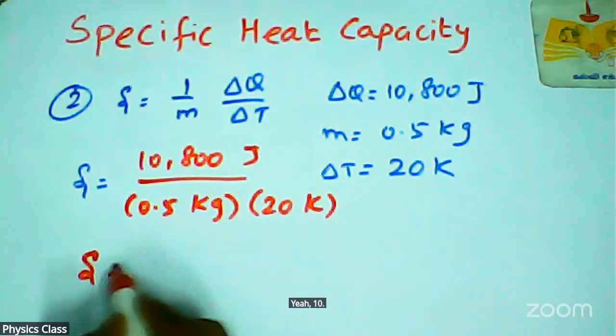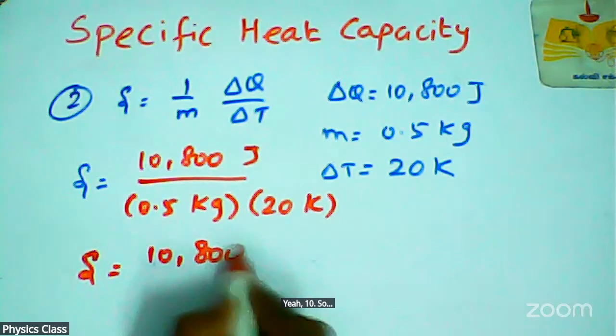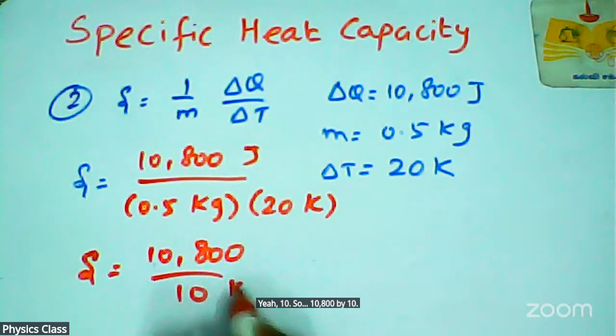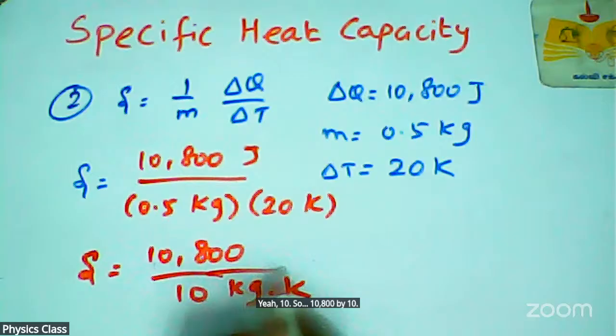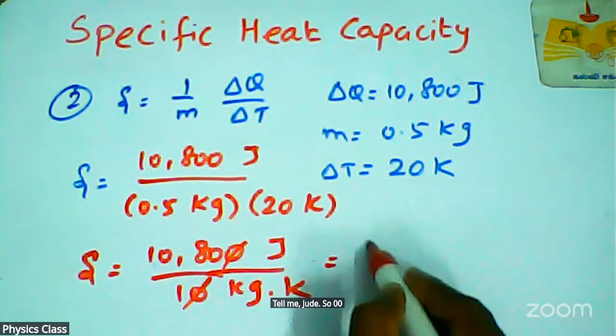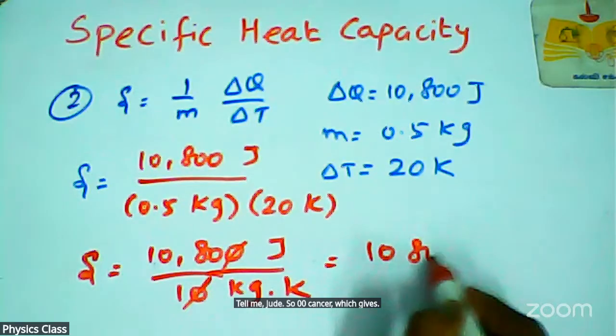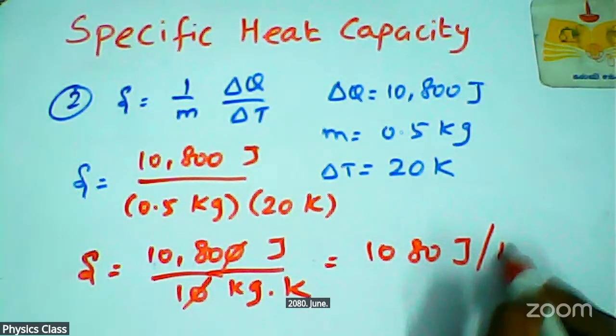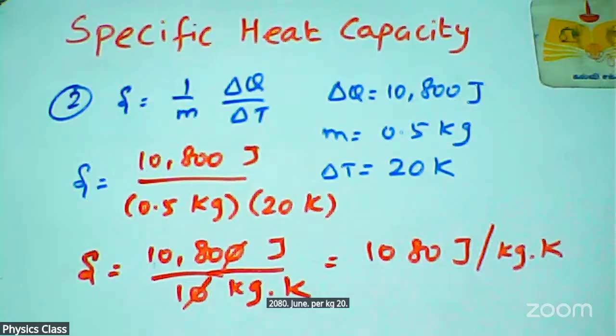So 10,800 by 10, the zero cancels, which gives 1080 joule per kg Kelvin. This is the specific heat capacity of that metal, 1080 joule per kilogram Kelvin.